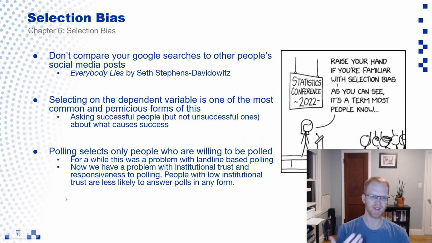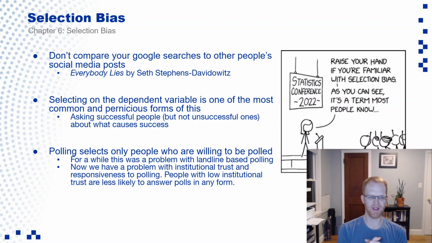Okay, selection bias is just a huge thing that happens a lot, and so it's worth spending some time on. The basic idea here is simply that when we go to measure something, the things we select out of the population might not have been selected randomly.